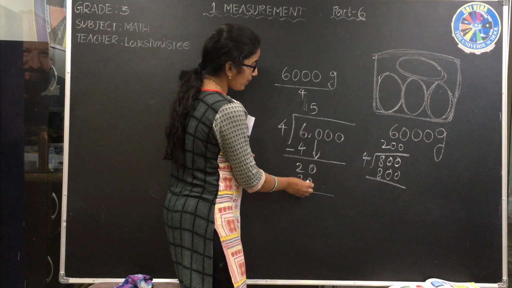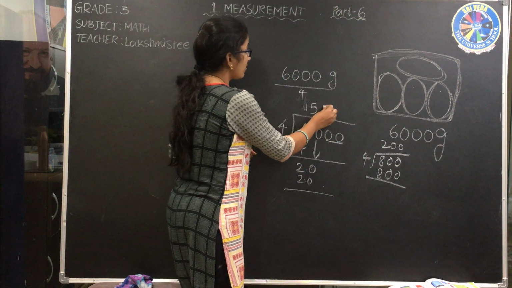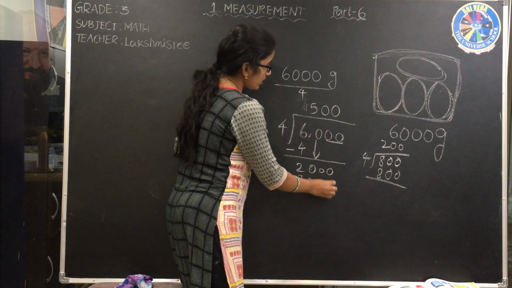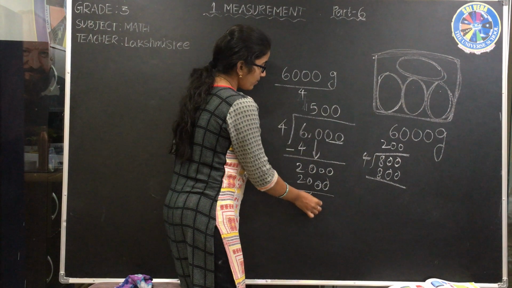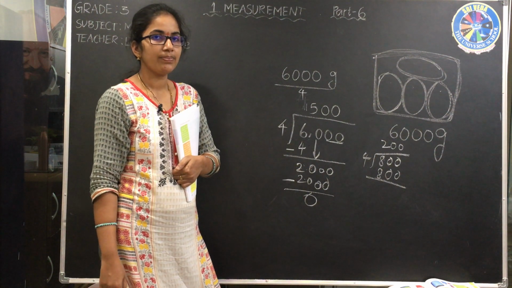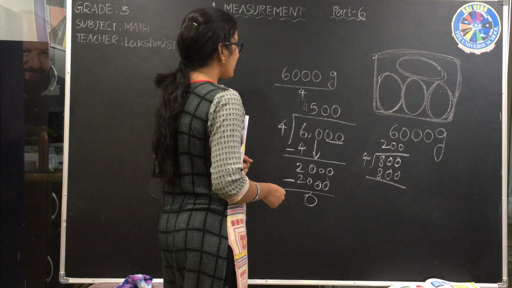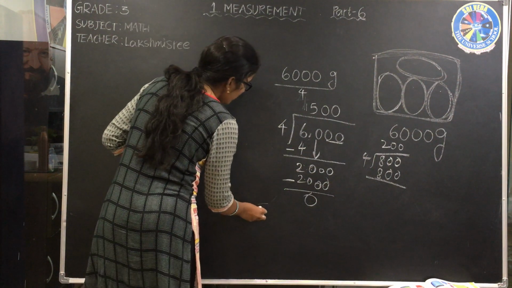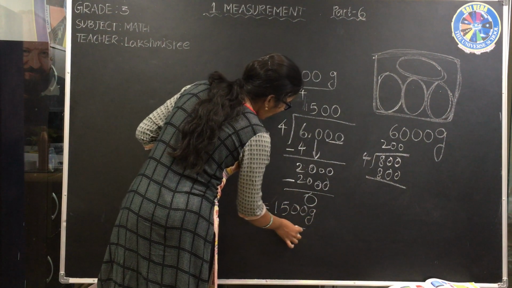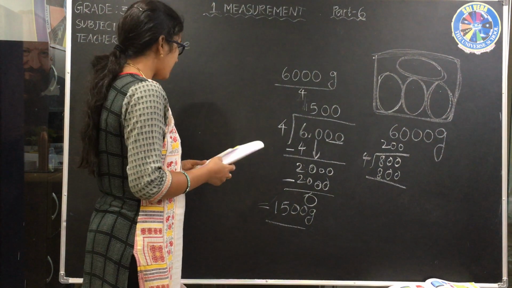See, here we got the same number. And how many zeros are left? 2 zeros left. We can write 2 zeros here and 2 zeros here. Yes children, 2000 minus 2000 is 0. So, what is the weight of each watermelon? Each watermelon's weight is 1500 grams. Okay children? Yes, this is the first one.